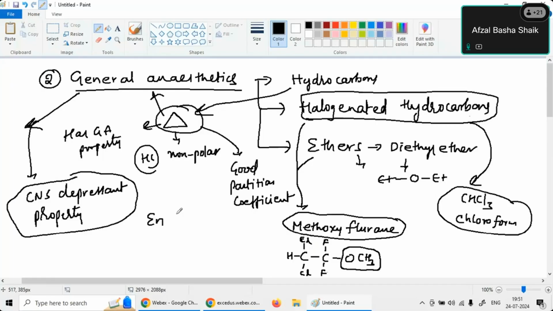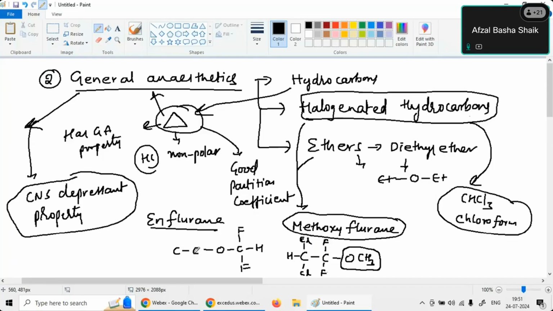Did you hear about enflurane? The enflurane molecule is also both halogenated and an ether, right? The enflurane molecule is very similar to this. It has a fluorine, hydrogen, just like here, and a fluorine atom.